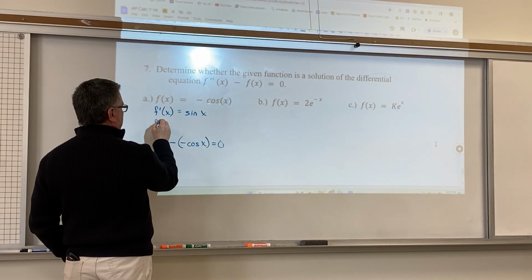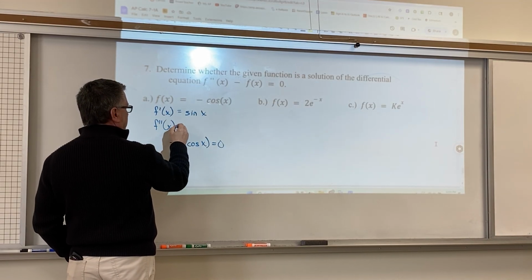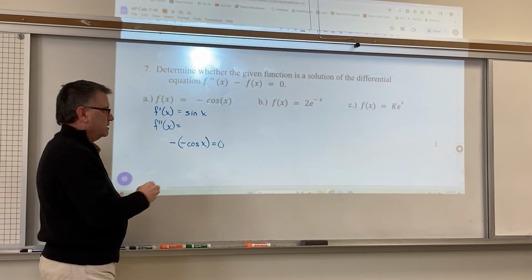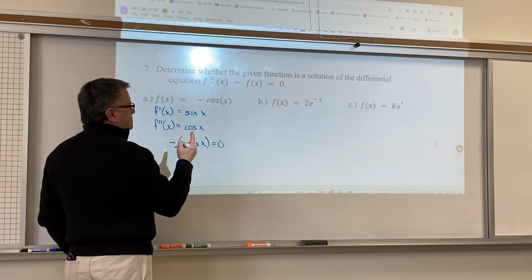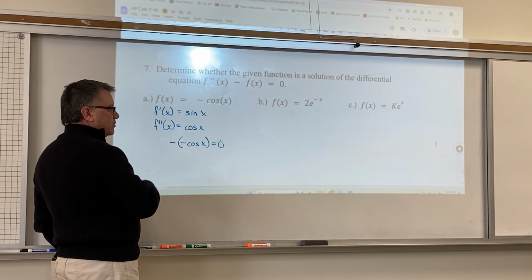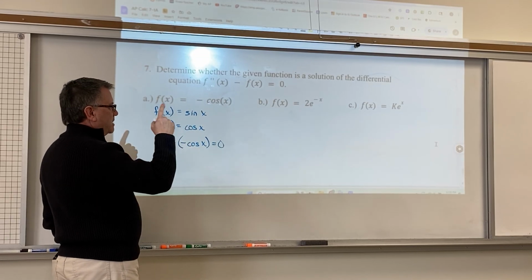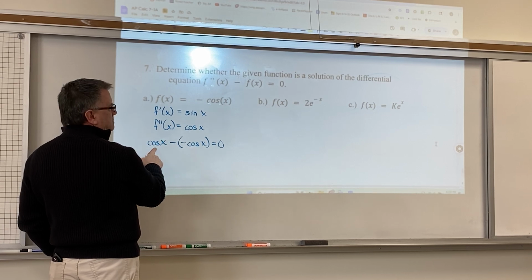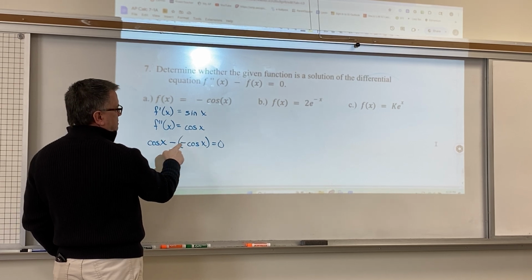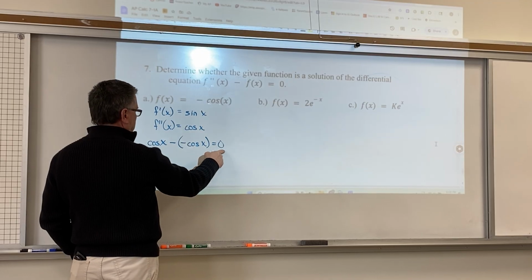And then I got to take the derivative of that one, and I get cosine. Oh, so the solution is when I find the equation and the form of the derivative and plug it back in. Second derivative minus the function should equal 0.